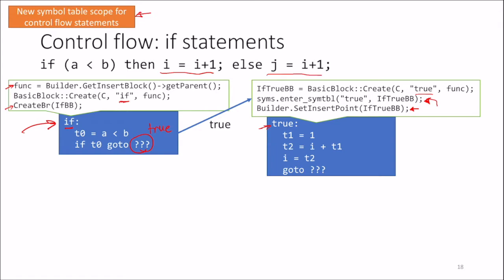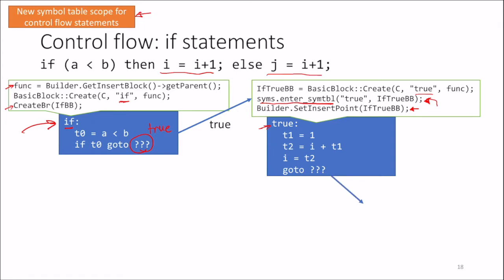When you're done with the if statement, you just pop out the symbol table and it doesn't hang around, and you don't get a spurious goto statement later on. Once you leave the if statement, you can pop out the symbol table and all of the labels that you're storing using this enter symbol table command would go away.